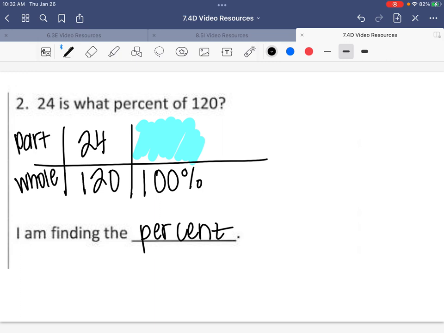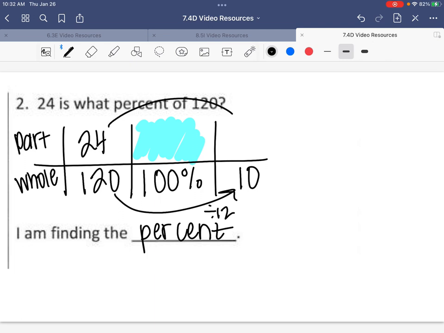So we are looking for our percent. All right. So I'm not exactly sure when I look at this how to get from 120 to 100 or from 120 to 24, but I see I can scale down by dividing by 12 because there are 10 12s in 120.